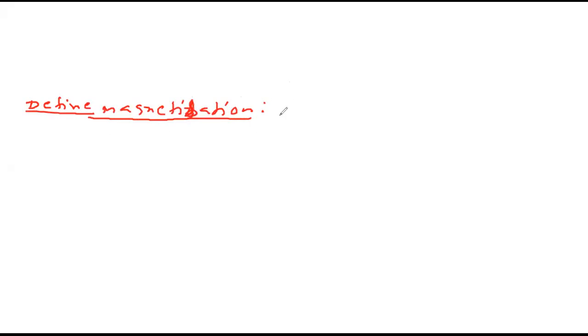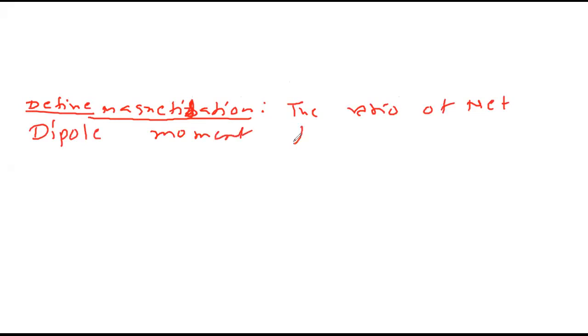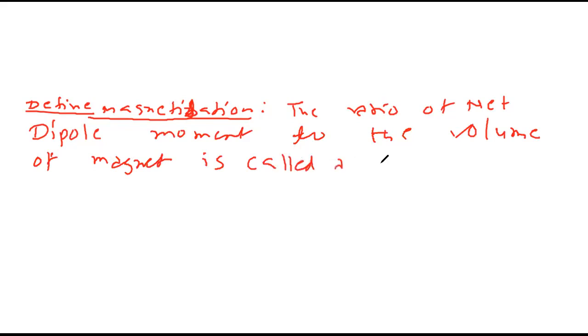Define magnetization. The ratio of net dipole moment to the volume of magnet is called as magnetization.